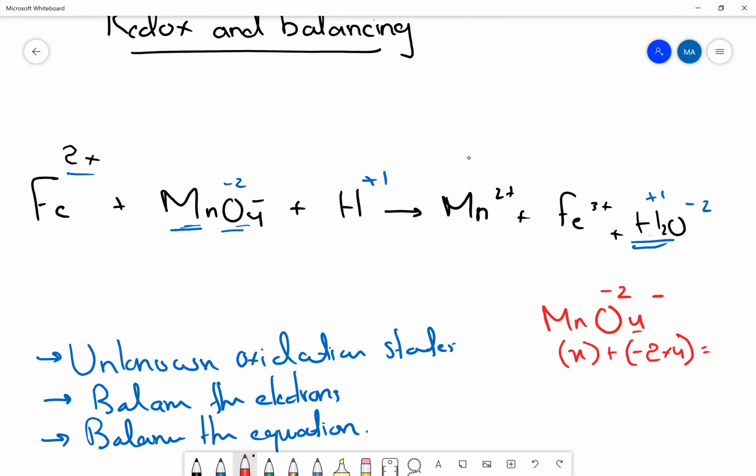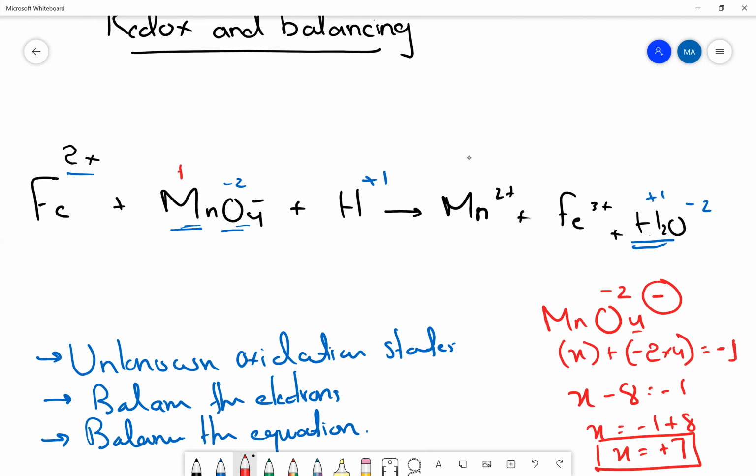And all of it is equal to -1 because this negative is the whole charge here. So X minus 8 is equal to -1. X is equal to -1 plus 8, and X is equal to +7. So the oxidation state of Mn is +7.